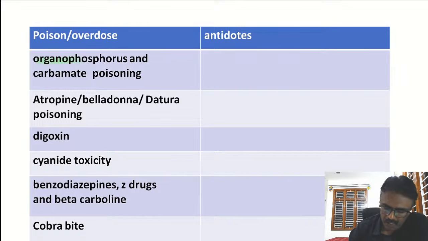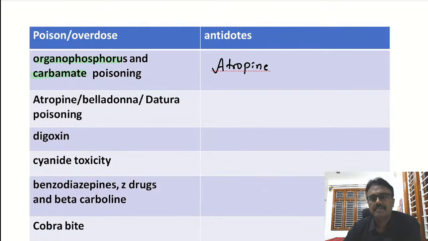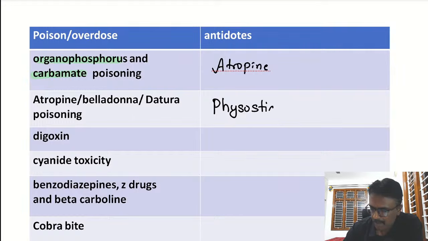For OP and carbamate poisoning, the antidote name is atropine. For atropine, belladonna, datura poisoning, the antidote name is physostigmine.